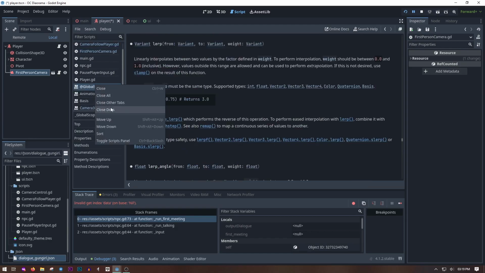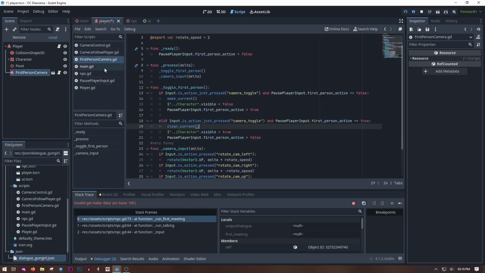Let me just close these documents. One of the other cameras being the dialogue camera, which only plays when you're talking to another person. It might go to one of those, but it doesn't. It goes to the main camera. So I don't know why that's working. I think it's just because it's the first one up the tree.